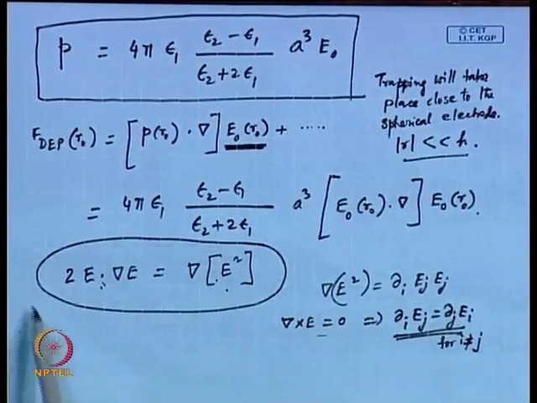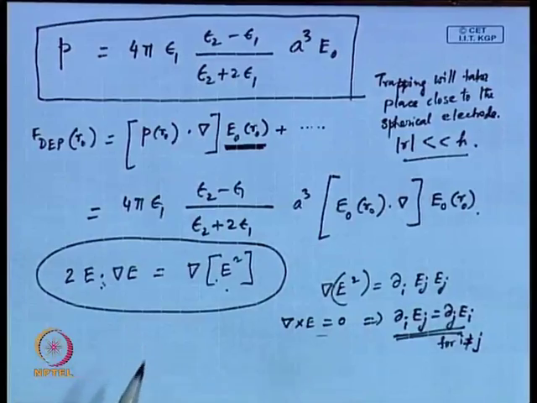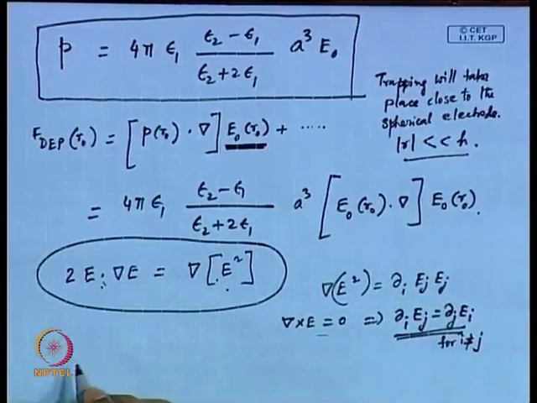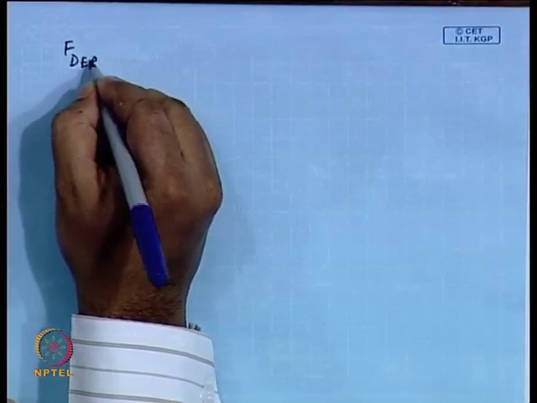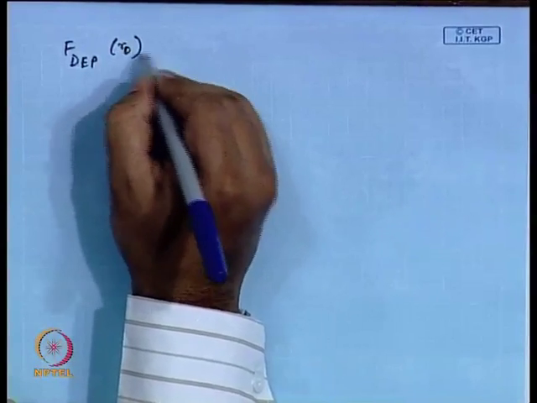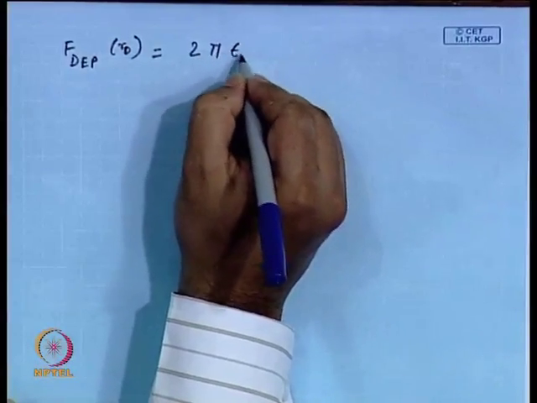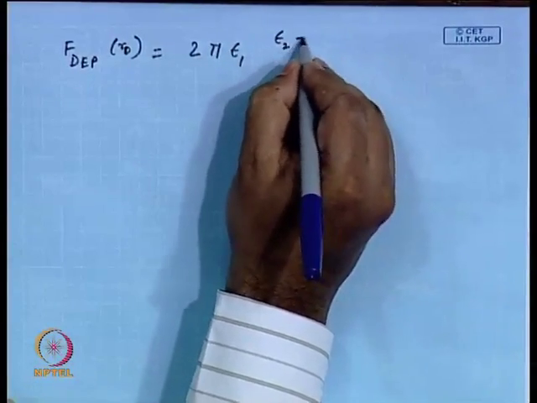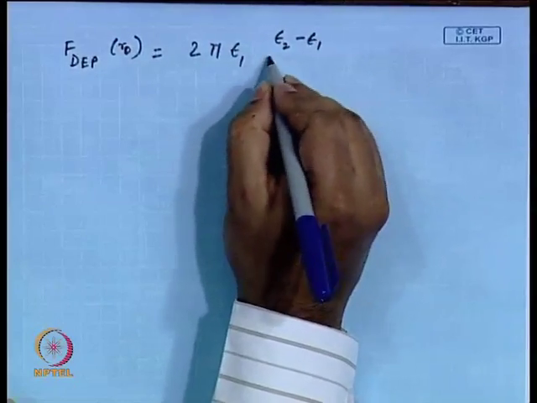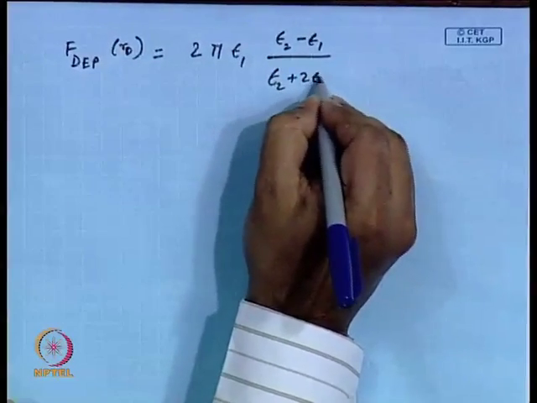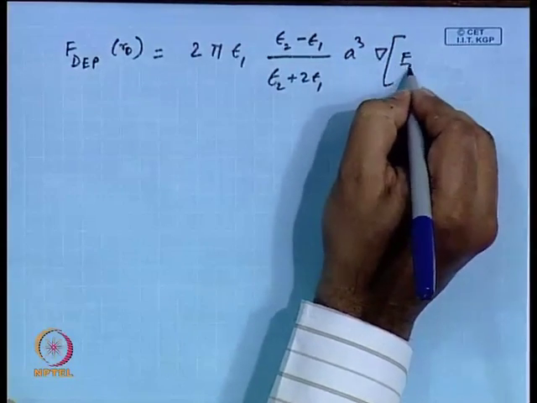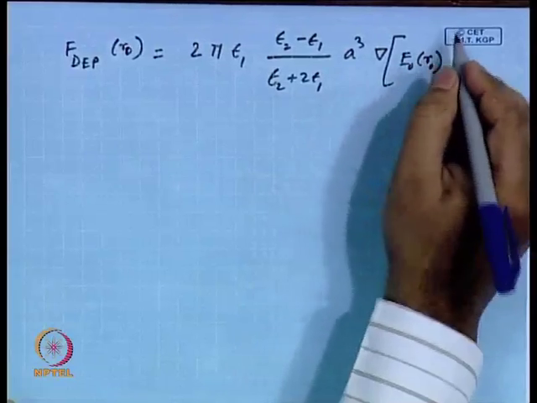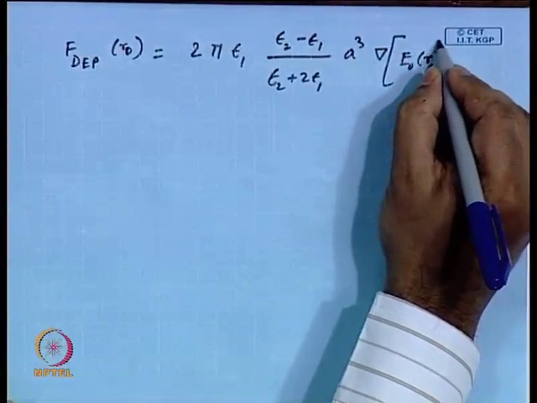So, this is an identity, and that identity needs to be used here to come up with this final expression for F DEP, which appears like this: F DEP at R0 is equal to 2 pi epsilon 1 times (epsilon 2 minus epsilon 1) divided by (epsilon 2 plus 2 epsilon 1) A cube delta of E naught R0 square.